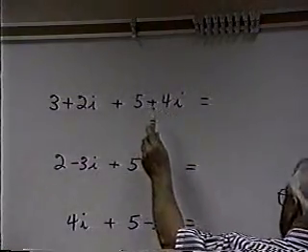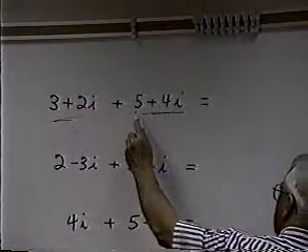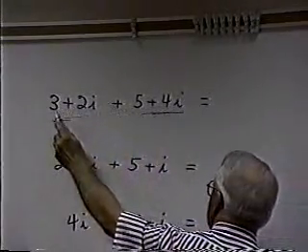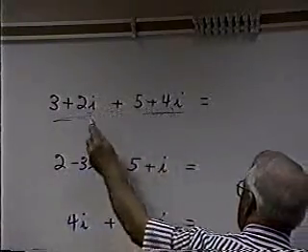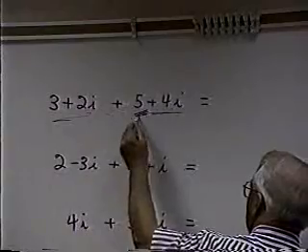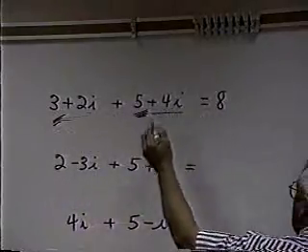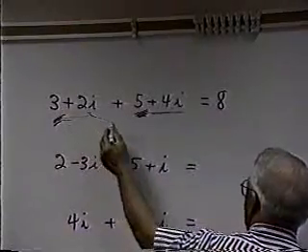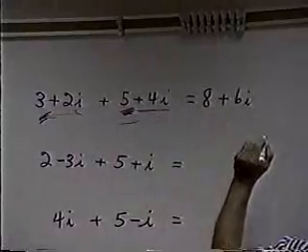Here's all there is to it. When you add a complex number to a complex number, you simply add the real part. Remember, I described this as being the real part and this being the imaginary part. So you simply add the real part. So that's 8. And you add the imaginary part. 2i plus 4i is 6i. That's all there is to it.